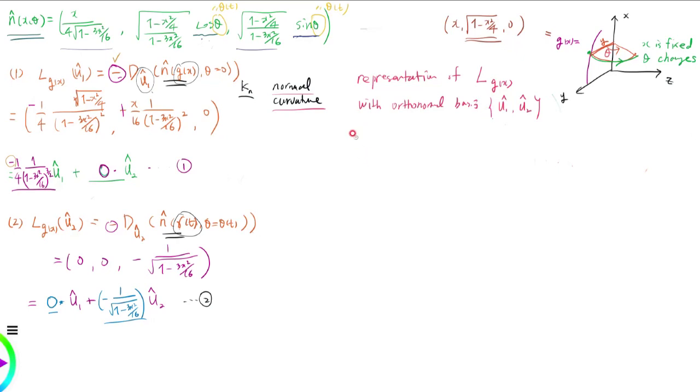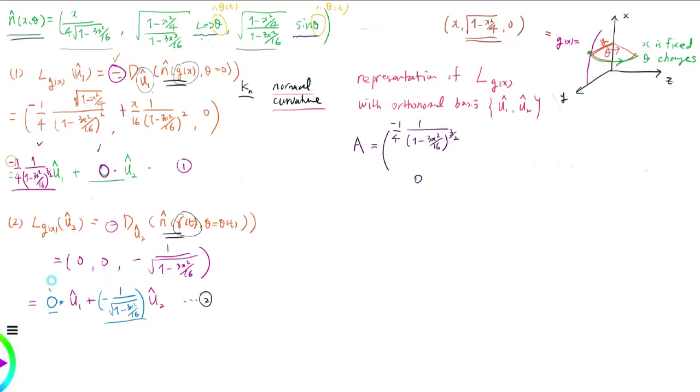So let me say each matrix representation is a capital A, and will have minus 1/4 times 1 over 1 minus 3x squared over 16, to the 3/2 power, and 0 for those two coefficients.